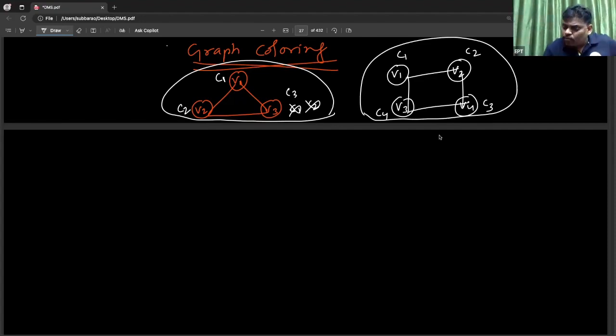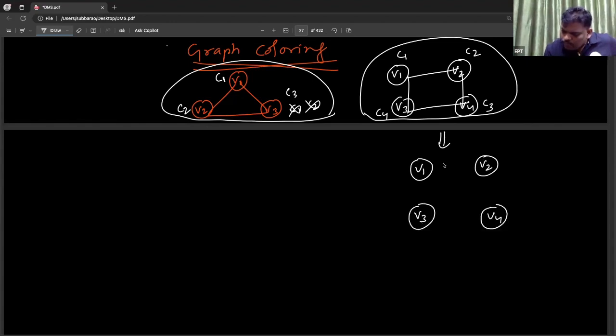But one thing I want to ask you. V1, V2, V3, V4. I will give C1 to this. Because V2 and V4 are adjacent, I will give C2 here. Next, V3, V4 are adjacent, V4 is C2, so I can give C1 here. Next, V1, V3 are adjacent, V1 is C1, so I can give C2.